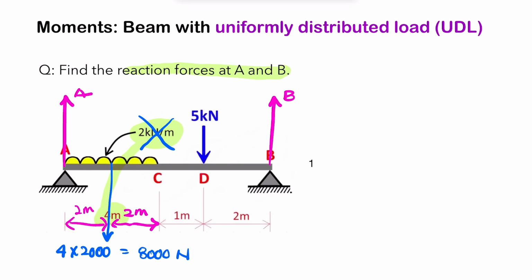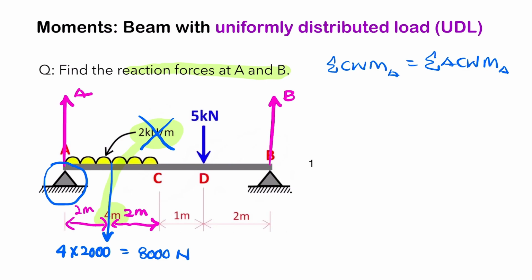And in this case, you'd say the net clockwise moment would be equal to the net anti-clockwise moment. And you can choose either of these as your pivot. So I'm going to choose A as my support and say the summation of clockwise moments around A is equal to the summation of anti-clockwise moments around A. Okay, and I'm going to circle A to make it clear that I'm using A as my support.